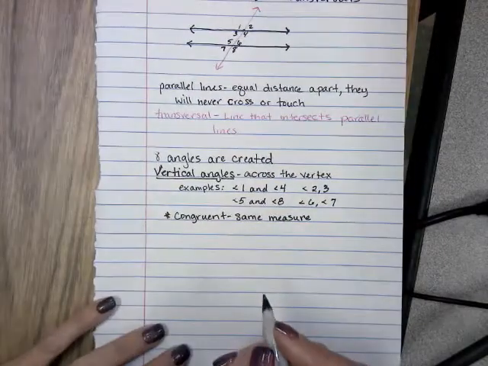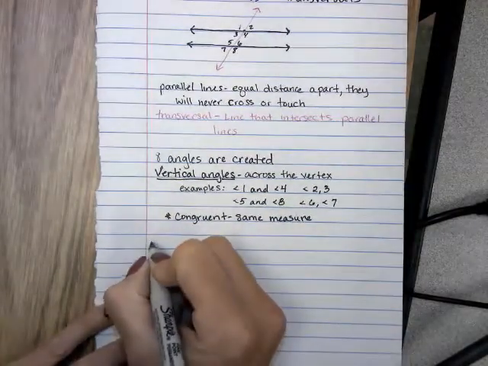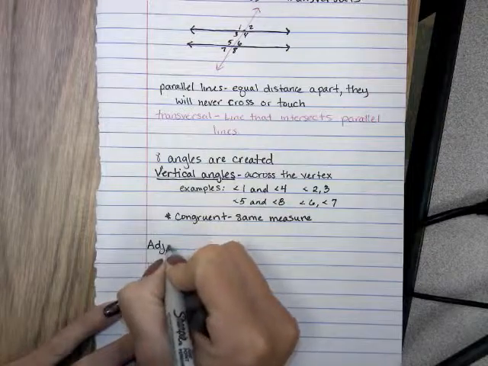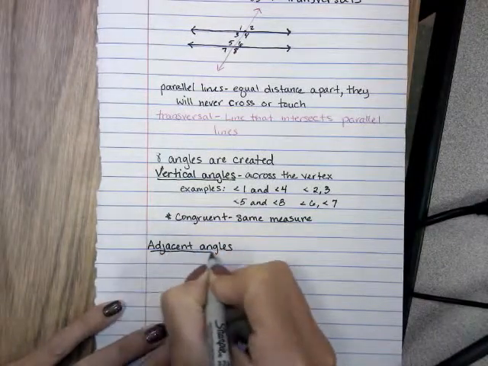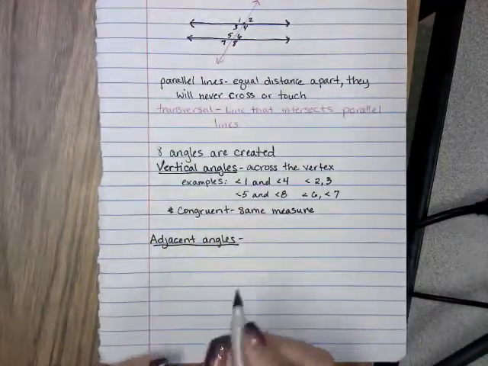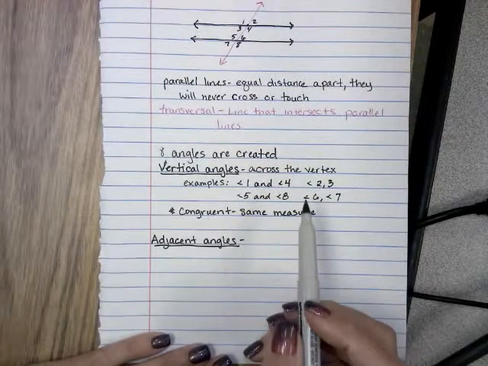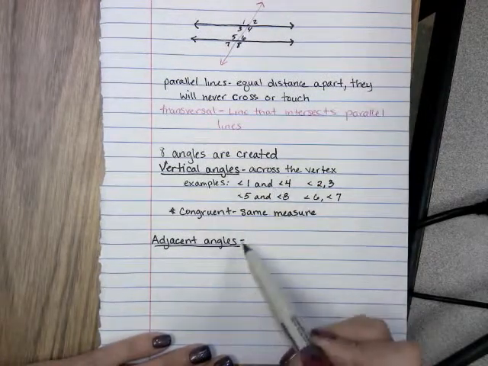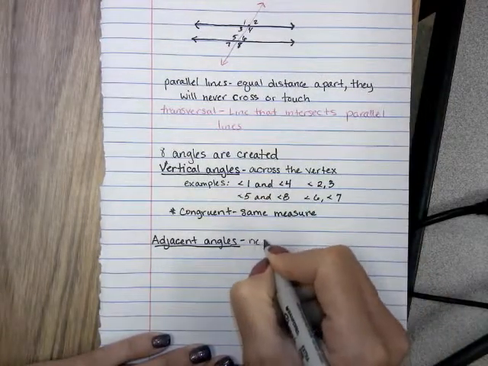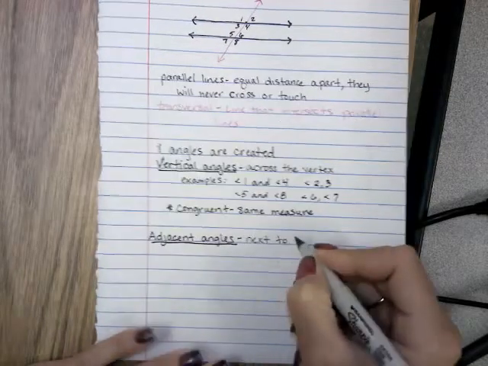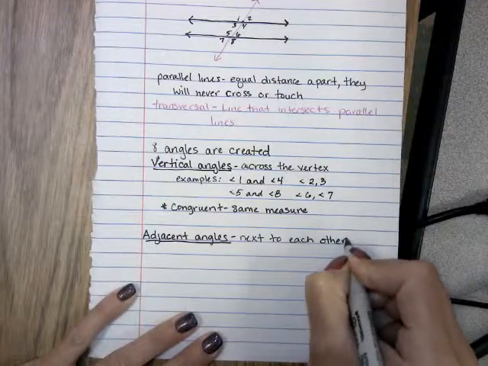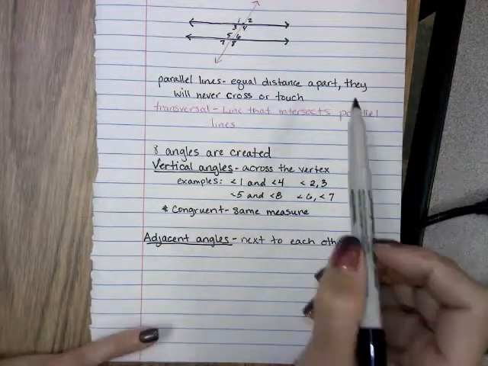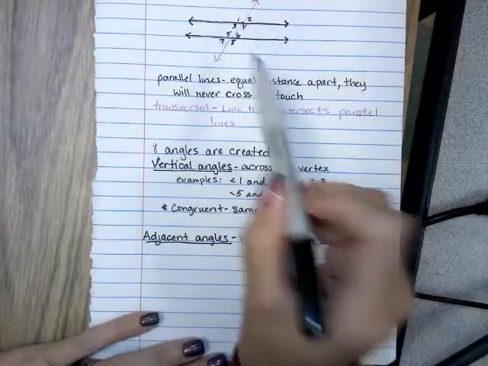The next vocab word we're going to look at is adjacent angles. Adjacent angles are angles that are right next to each other. So if I go back to my diagram, let's write that down first, next to each other. If I go back to the diagram, and I'm going to start with number 1.